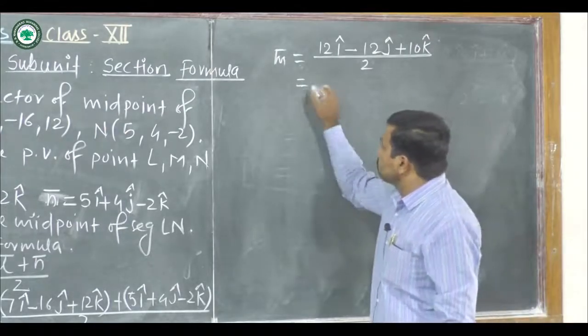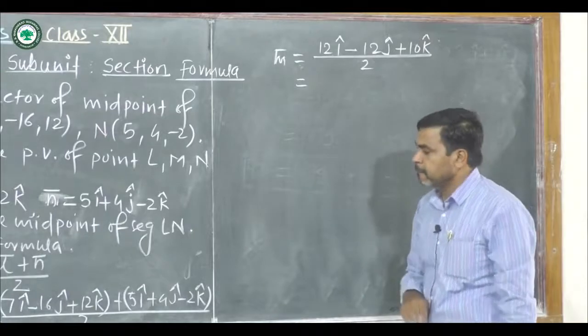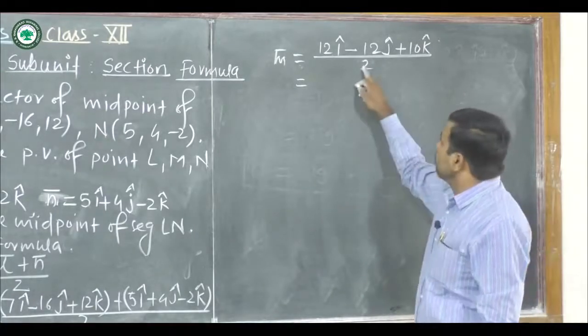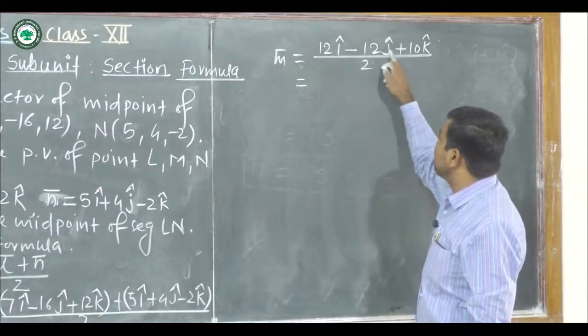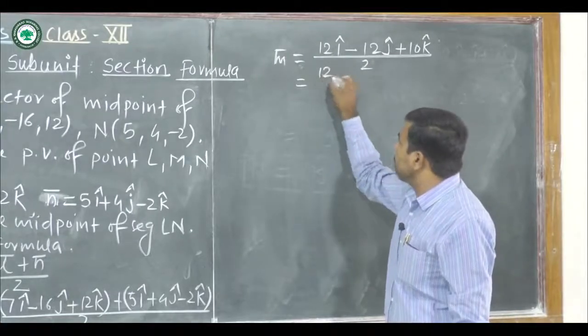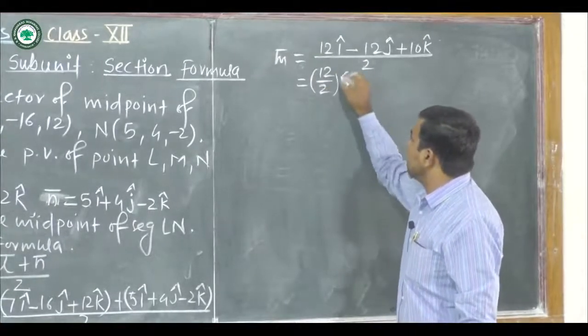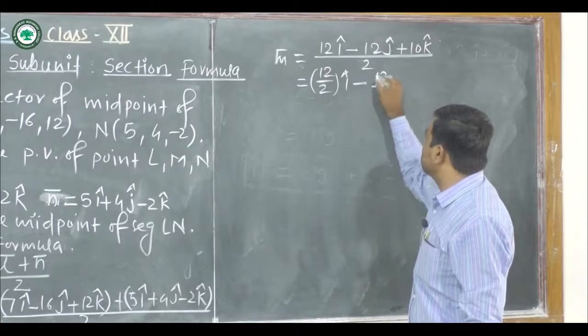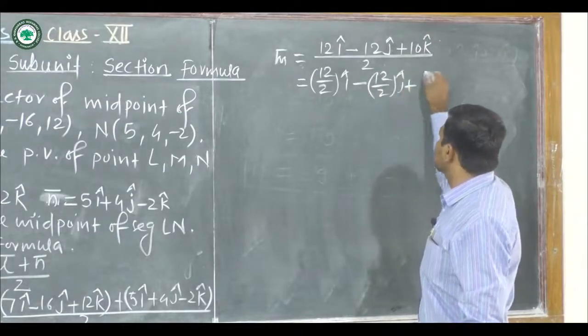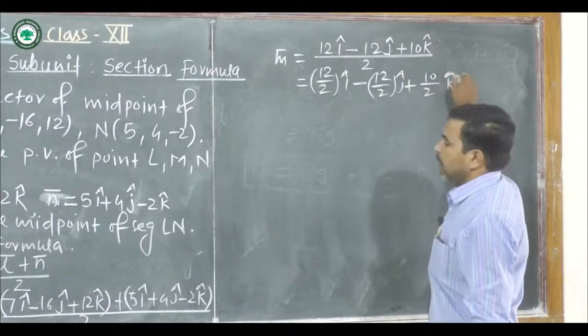Again it is equal to, divide each term in the numerator by 2. So it is 12 upon 2 i cap minus 12 upon 2 j cap plus 10 upon 2 k cap.